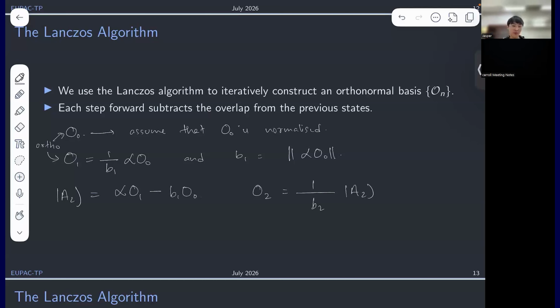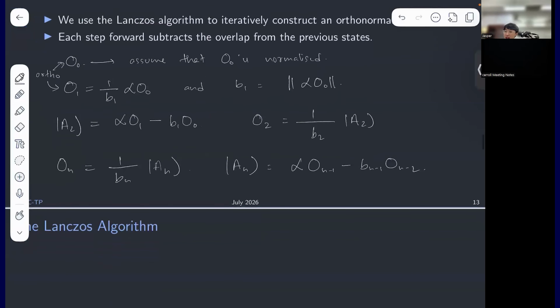B2 is our normalization. So for general On, it is defined as 1 by Bn times An, and An is defined as L acting on O n minus 1, minus B n minus 1 times O n minus 2, right?